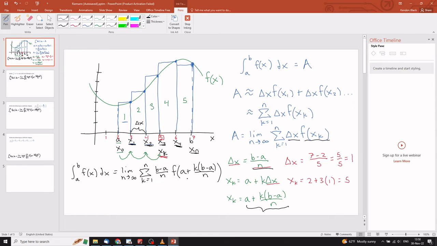Now, one more thing I want to say is that this b minus a over n term does not depend on k. See, k is going from 1 to n, so k is changing. This b minus a over n term does not depend on k changing at all, which means it doesn't have to be inside of the summation.